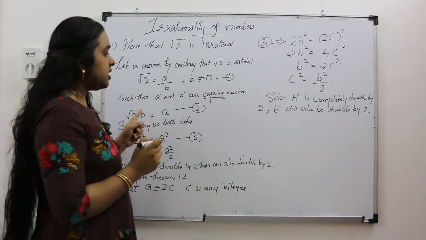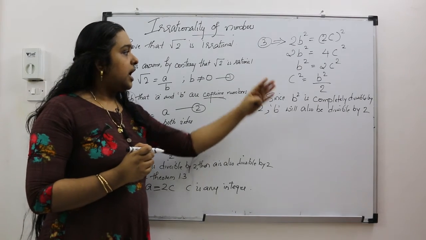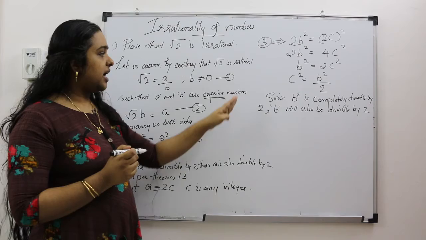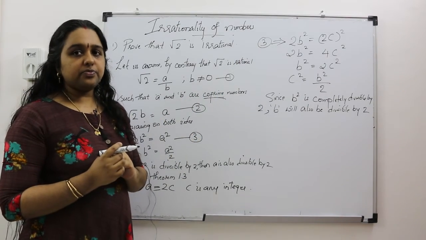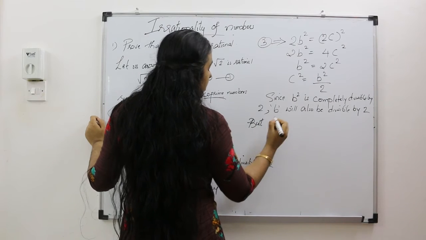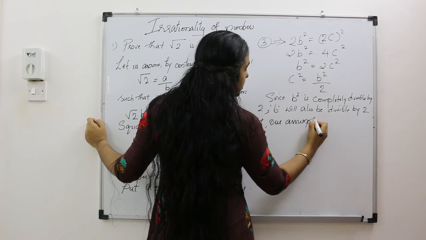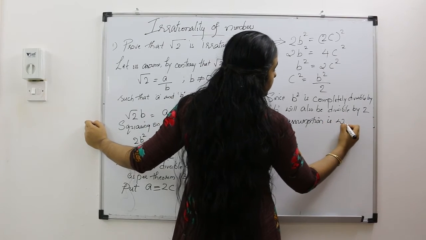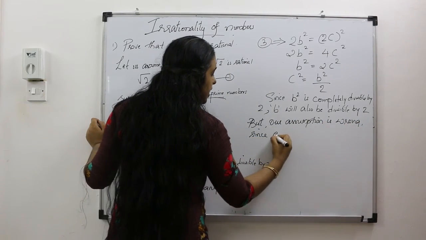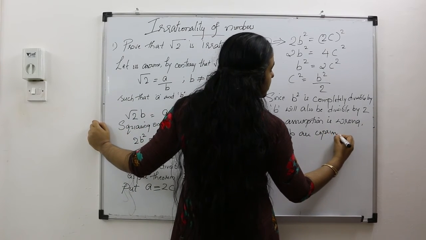So our assumption is wrong. We have got another factor other than 1 as a factor of a and b. Our assumption is wrong, since a and b are co-prime numbers.